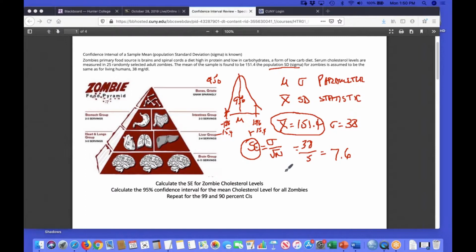And how do we do that? We say X bar plus or minus. Now we have to come up with a value here. Since we know the population standard deviation, we're going to use the value of Z for an alpha equals 0.05, for a 5% chance of being outside of our confidence interval. Sometimes you'll see that as alpha over 2 is equal to 0.025, but it's the same thing as alpha equal to 0.05.